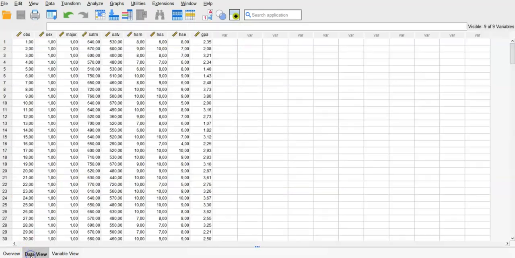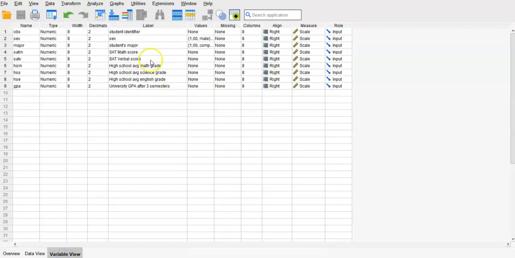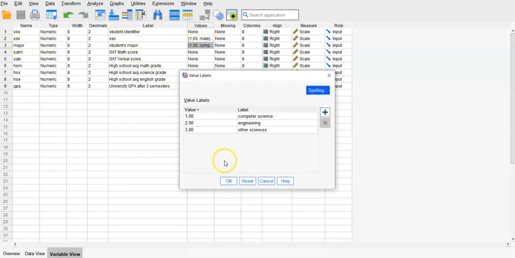In the data view you can also see that it is arranged with the variables at the top, and then you have the scores. So we will use the GPA and the major. Every letter should be coded as a number in SPSS. As you know, in the variable view you can see that the major is a number now.